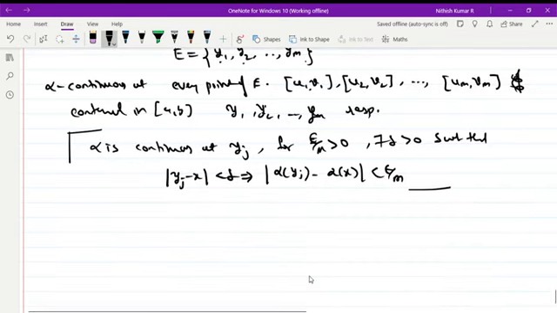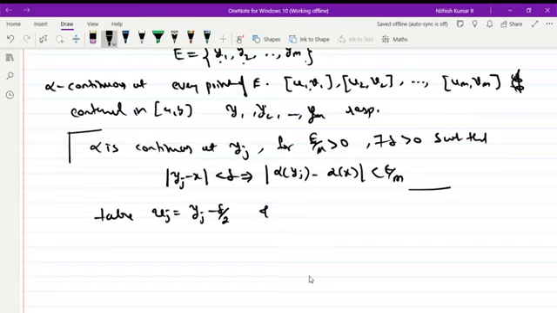Now take uj equal to yj minus delta by 2 and vj equal to yj plus delta by 2. Then yj belongs to [uj, vj].